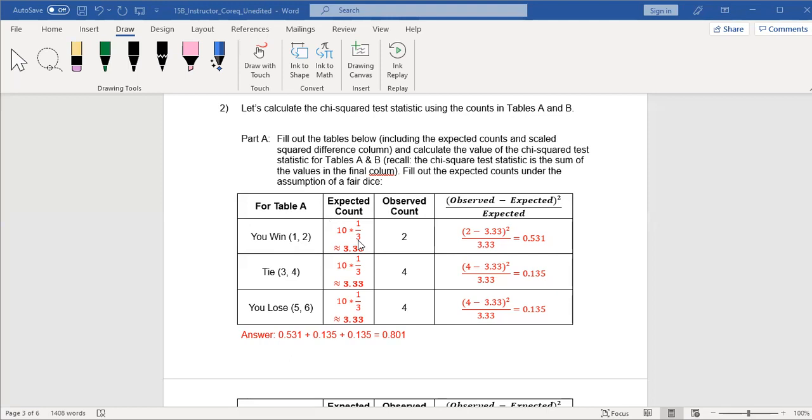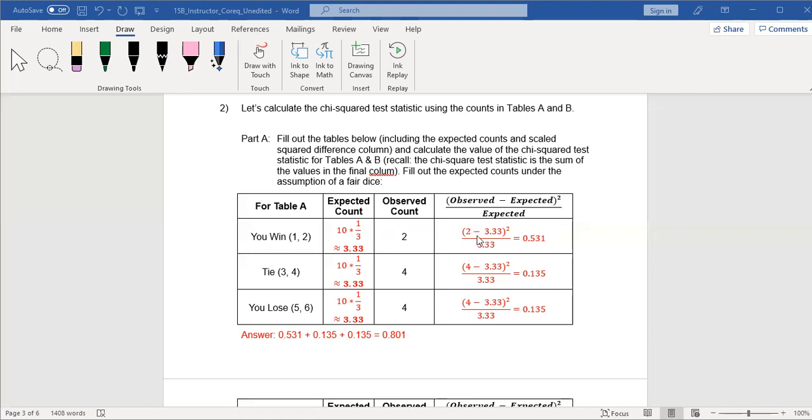That is the expected count, and you have the observed count, and you subtract them. So you get observed minus expected, and square the answer. That difference is going to be negative 1.33, and you square it, then divide that by expected.